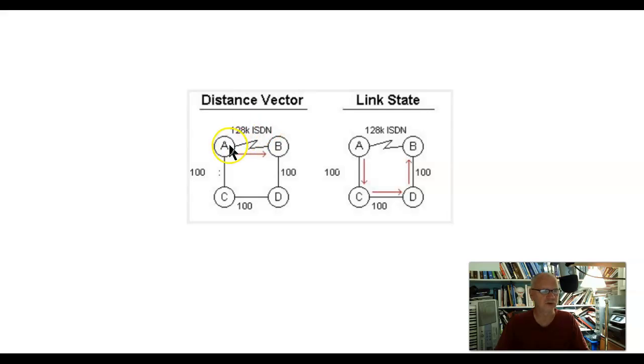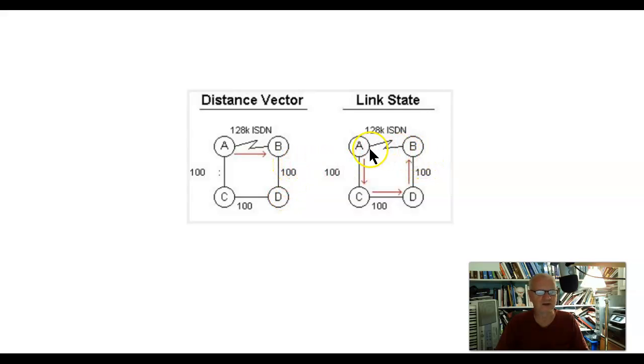Vector means which direction, distance means how far. So in other words, if I go this direction out of router A, I can get to B in one hop. So that's all it knows. Even though this is a very slow ISDN line, it will just choose that route because it says, hey, it's only one hop away. It does not build an internal map of the entire network.